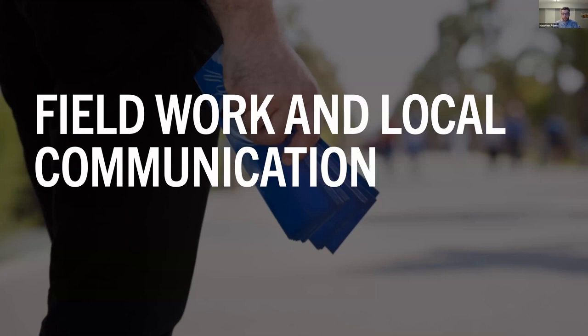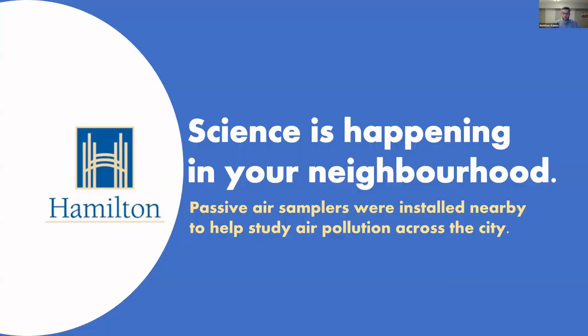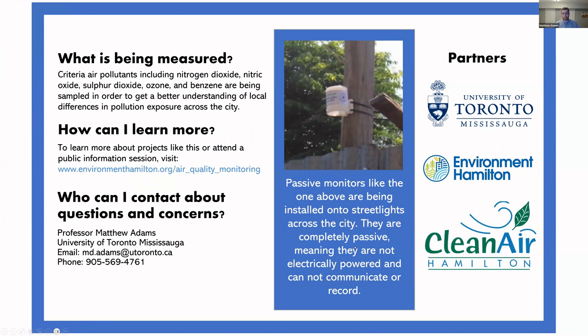You may have seen us out in the field. One of the things we wanted to do is make sure people were aware of what was going on. So you may have received a pamphlet in your mailbox if you were living in the area adjacent to one of these monitors, with some information about what was going on with the air monitors. And we did really great.